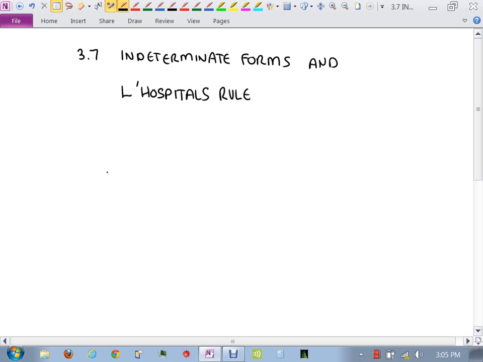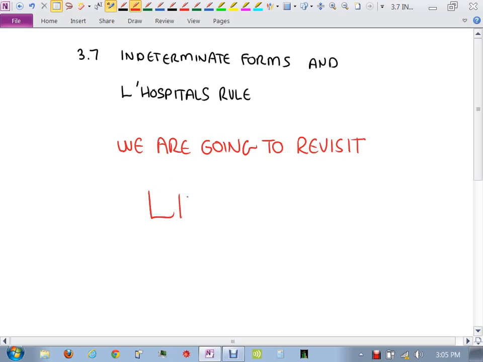The big thing right now for you to understand is we are going to revisit something we've kind of put away a while ago: limits. We did limits, right? That's the way we pretty much started the class. I told you, to me, Cal 1 starts at the limit. So we did some limits, and we came up with this idea of the derivative.